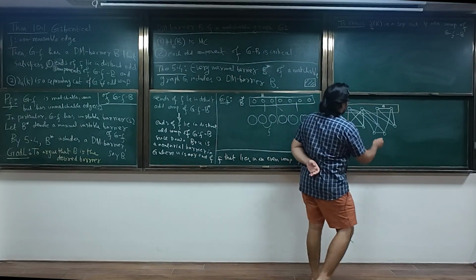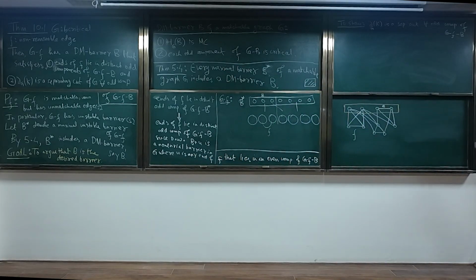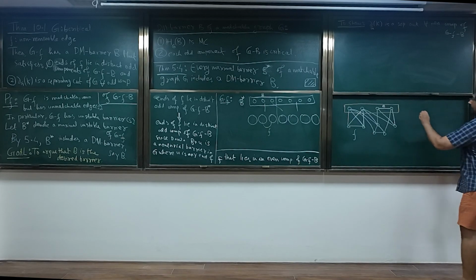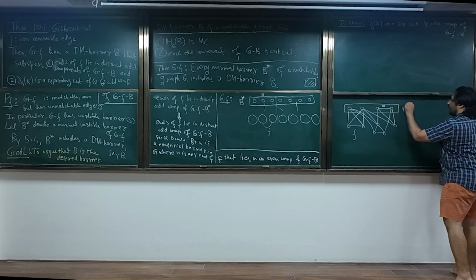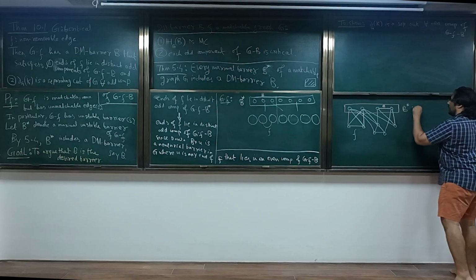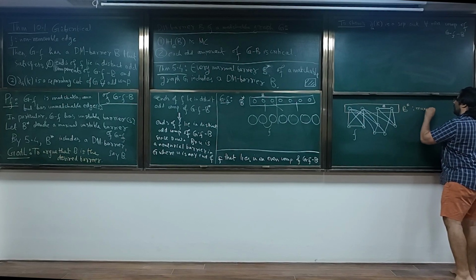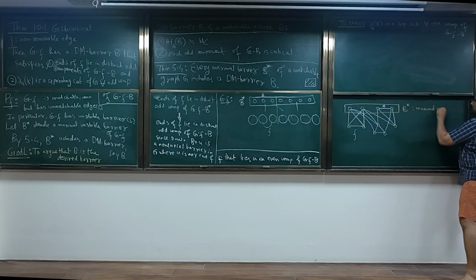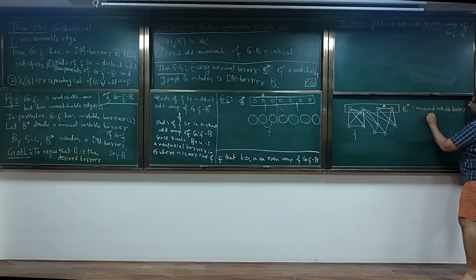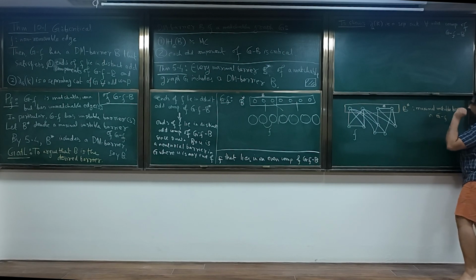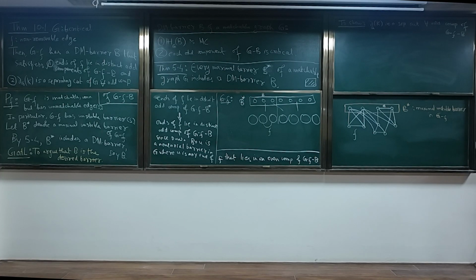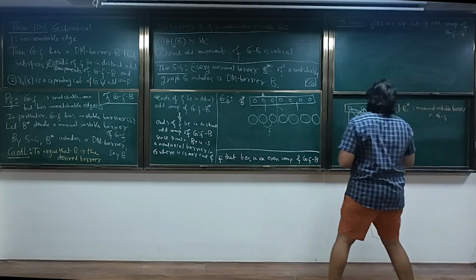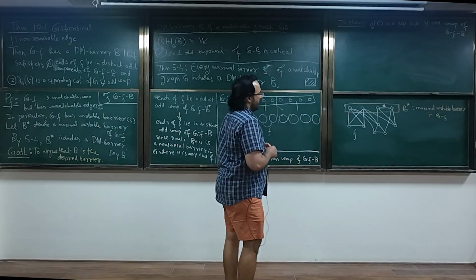So this is a barrier in G minus F, this is our B star, a maximal unstable barrier in G minus F. And see if you can spot an odd component.